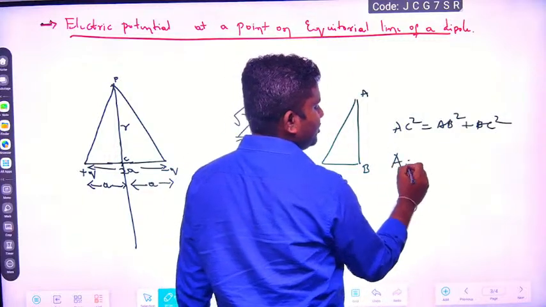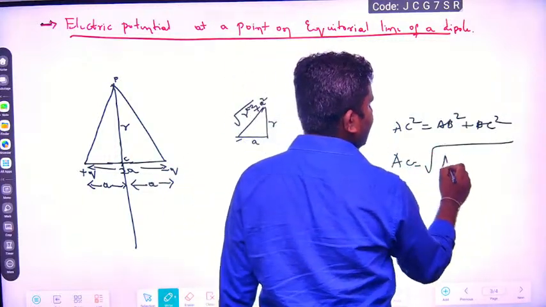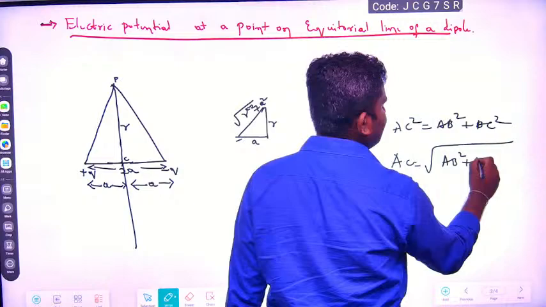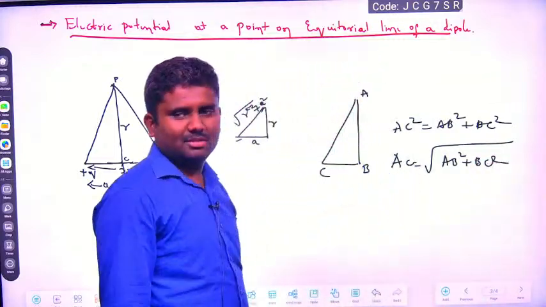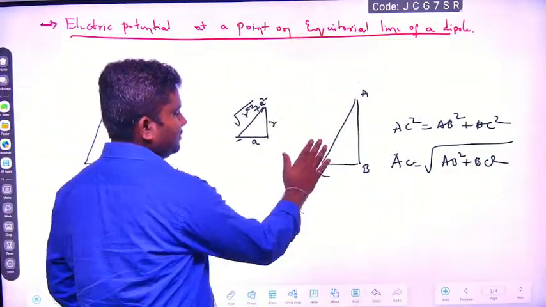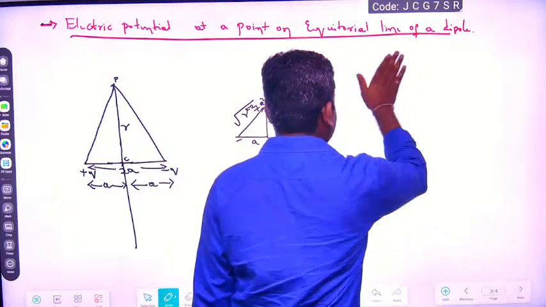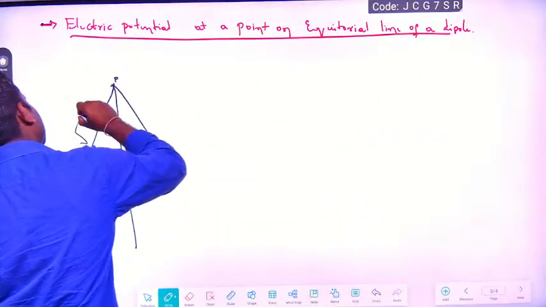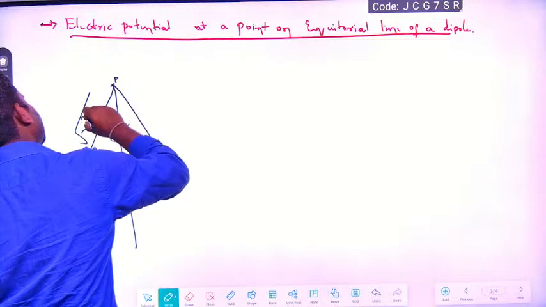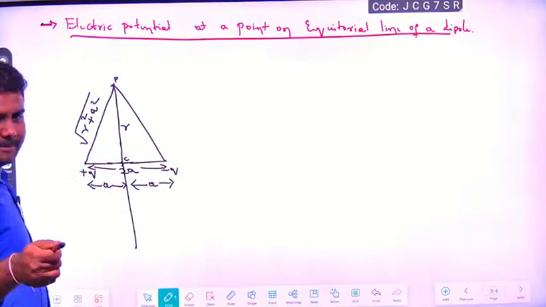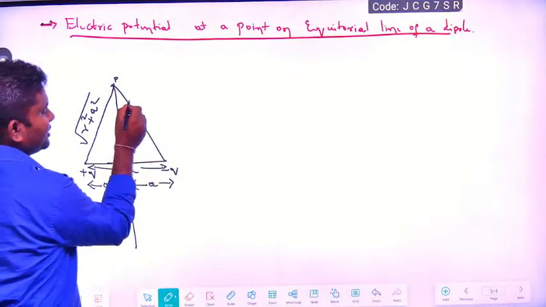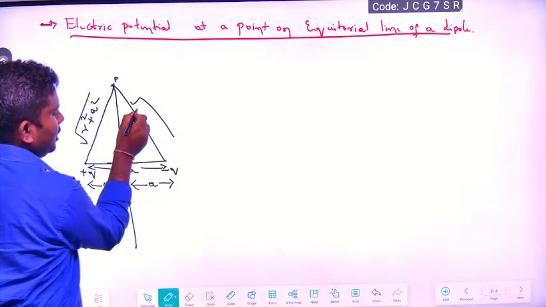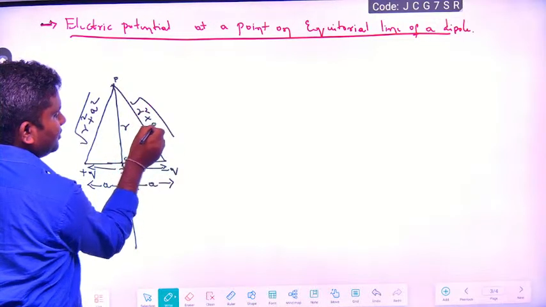So AC is equal to under root of r square plus a square. The distance from P to the other charge is also under root r square plus a square.